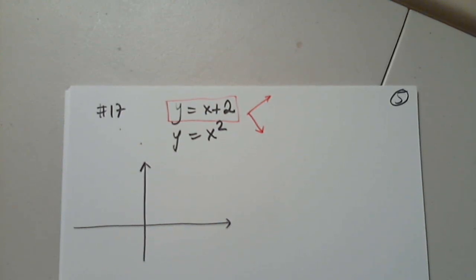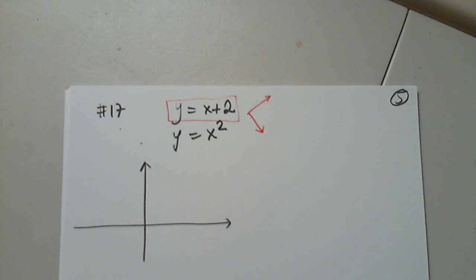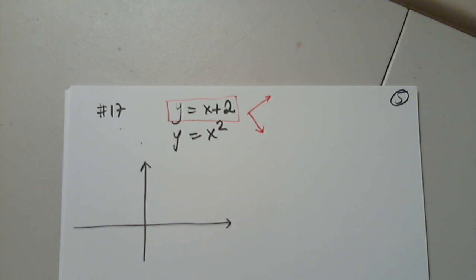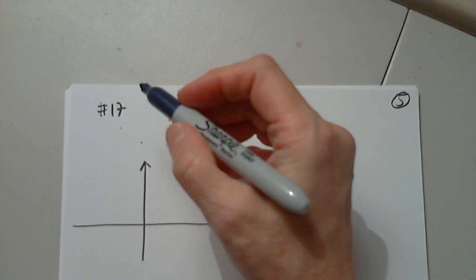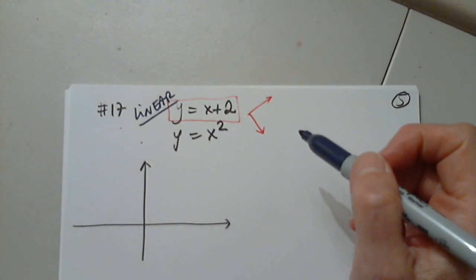We had this in prerequisites, we graphed them in chapter R. Okay, this is a linear function.